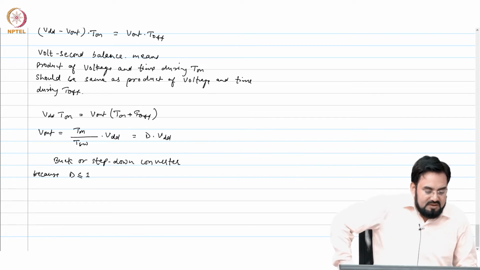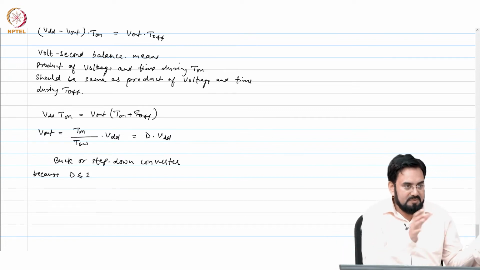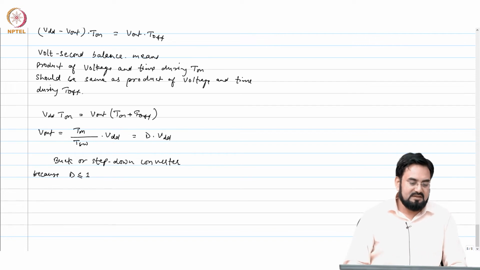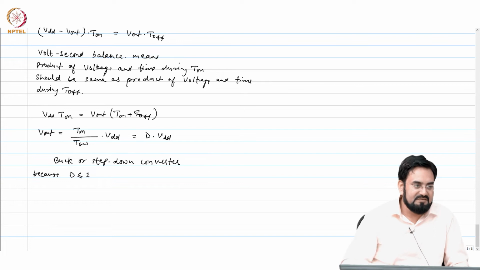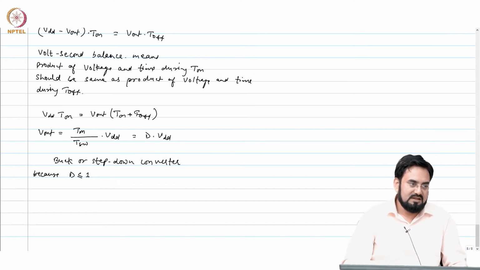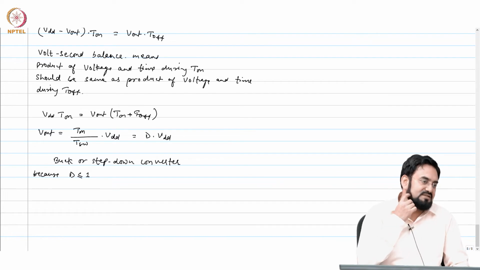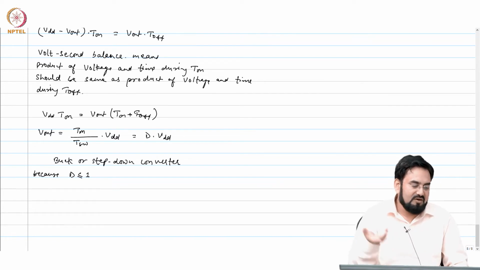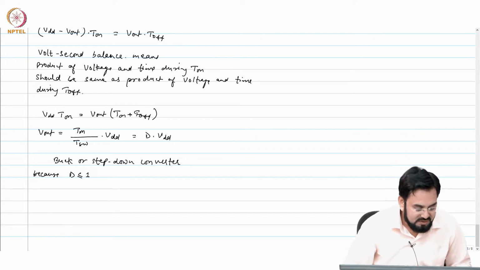But if you have a load, then there will be some drop in the power stage. I mean, theoretically you say it is a lossless component, but practically it will have some losses, because your inductor windings will have some resistance, some finite resistance of the order of tens of milliohm or so, depending upon what type of inductor you use.